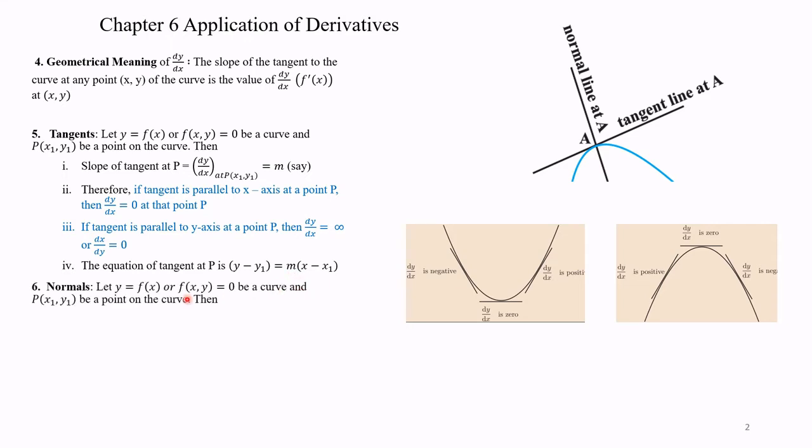Normals. Let y equal to f of x, or f of x, y be 0, be a curve, and P(x1, y1) be a point on the curve. Suppose this is the point P(x1, y1).